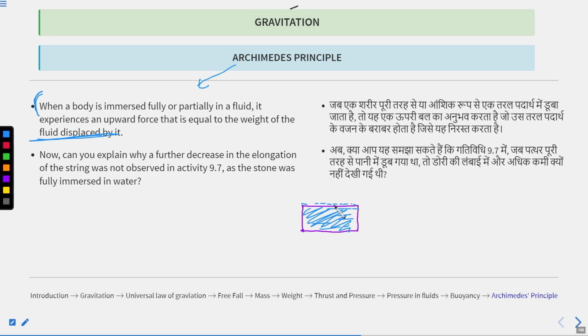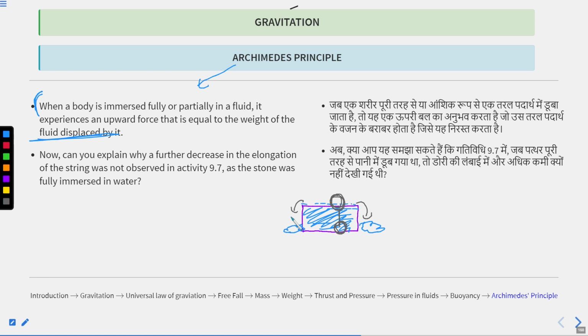Now you have placed a stone here which starts sinking, and as it sinks, some water falls out of this container. So the upthrust force this object has experienced will be equal to the weight of this displaced water.